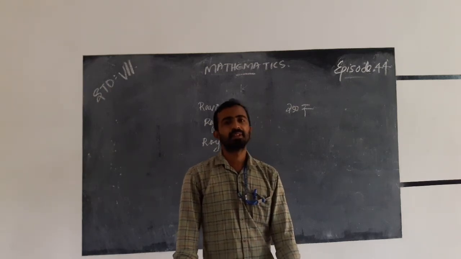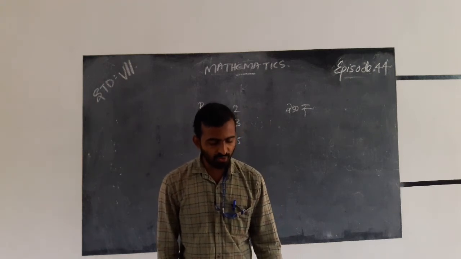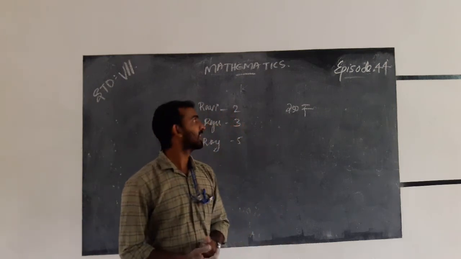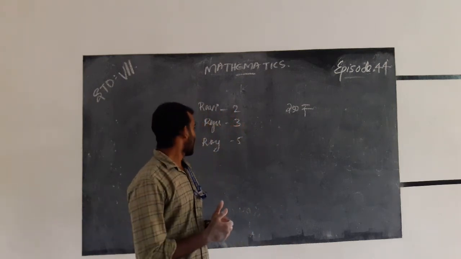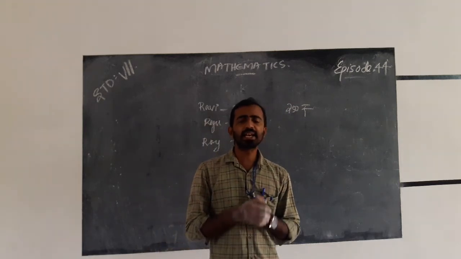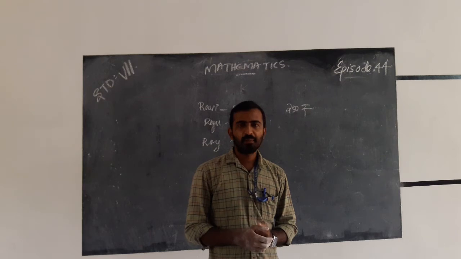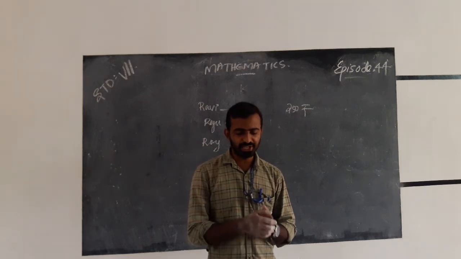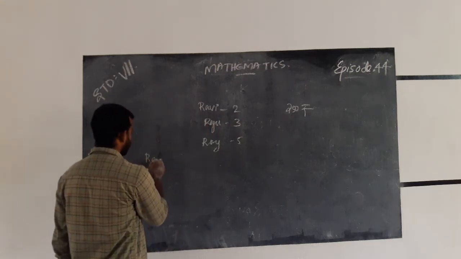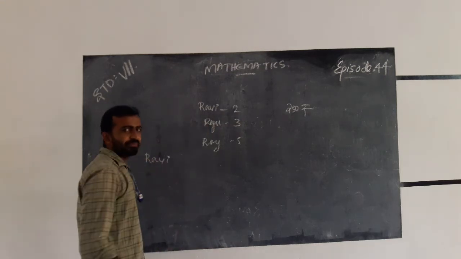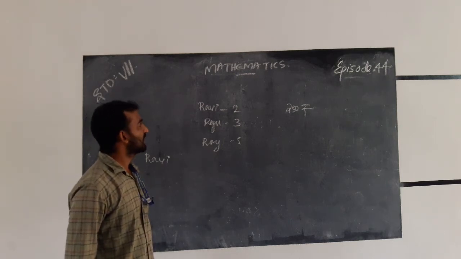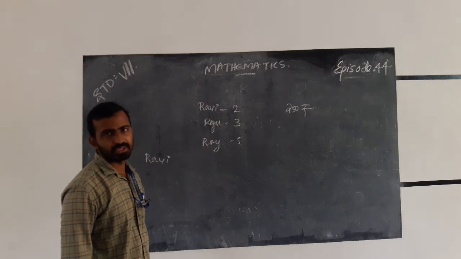That is, we want to find the percentage of money Ravi gets, Raju gets, and also Roy gets. First we find the amount each gets. For finding the answer, first we find how much money each person gets.